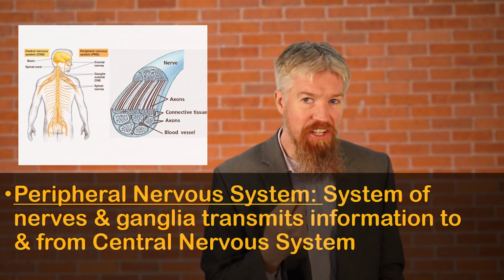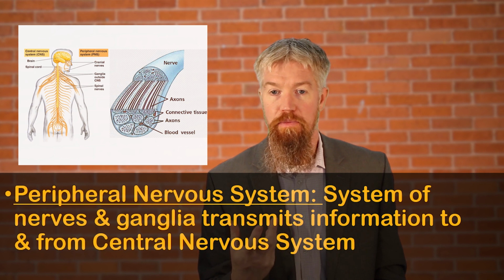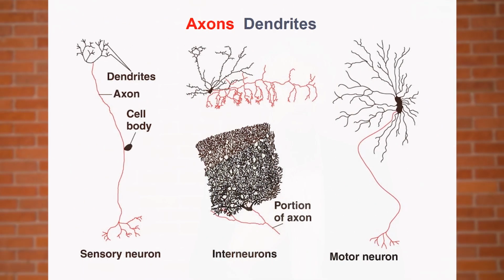We can characterize all of these neurons in a variety of ways. One main way can be to look at the number of connections that they have with other types of cells. For instance, sensory neurons may have a few dendrites which connect with the sensory cells and then have long axons which transmit that information.